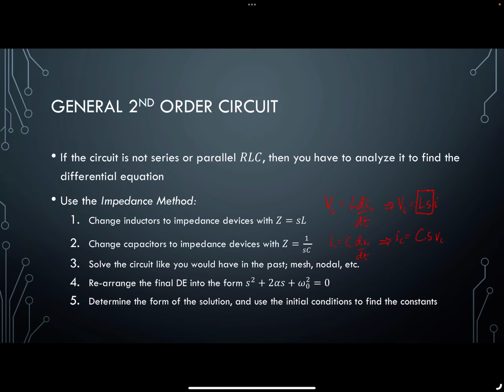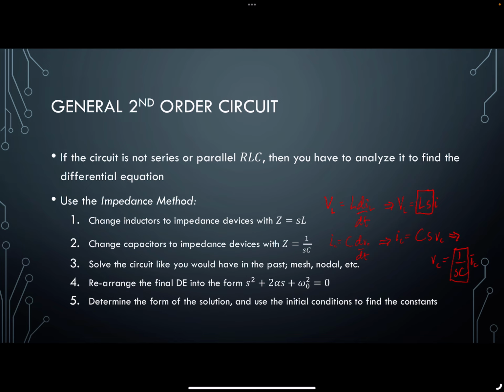Rearranging that to be V equals something times I, you get VC equals 1 over SC times IC. So the Ohm's law resistance, which we call the impedance for a capacitor, is 1 over SC. What that really means is the voltage is the integral of the current, because 1 over S is like doing the opposite of the derivative, or taking the integral.